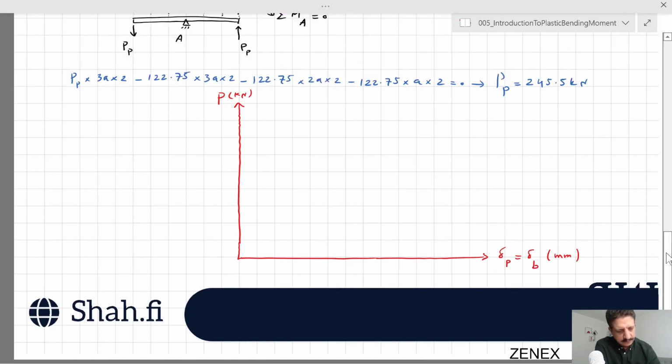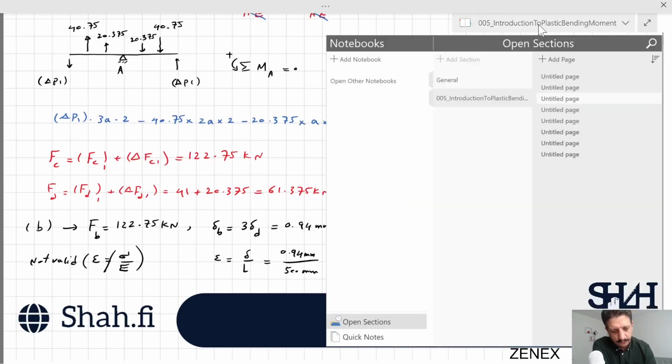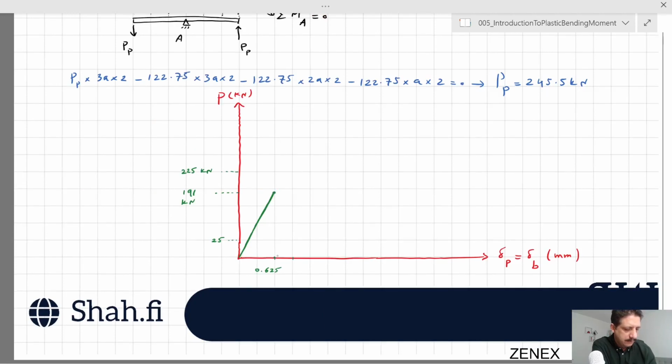When the load is 191, I assume that this is 25 kilo, then the deformation was 0.625. And up to here, it is completely linear. Then when the load was 225, the deformation was 0.94.